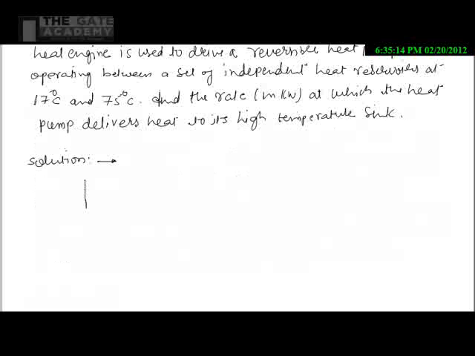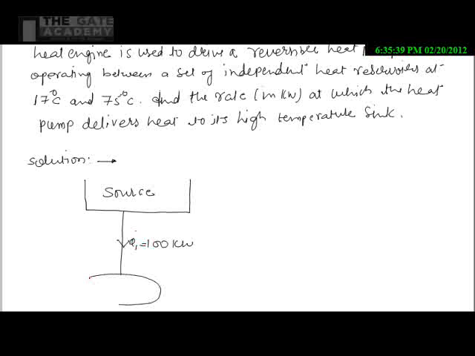So first I will draw the heat engine. There is a source for the heat engine, and the high-temperature source is giving heat at the rate of 1000 kilowatt. So here we have heat per unit time, so we can say that it is Q1 dot, and this one is the heat engine.